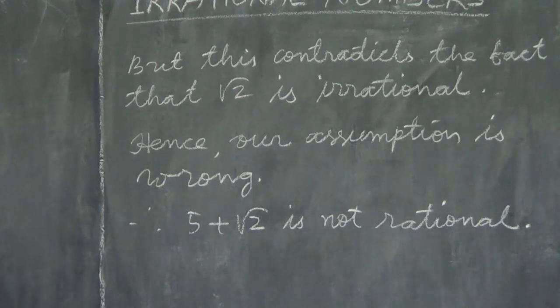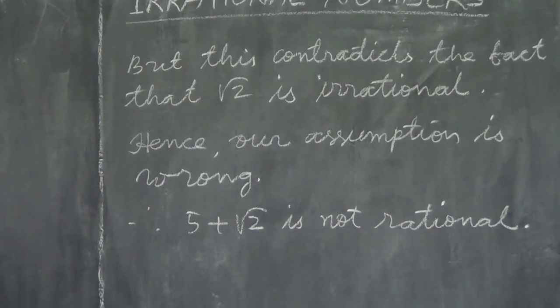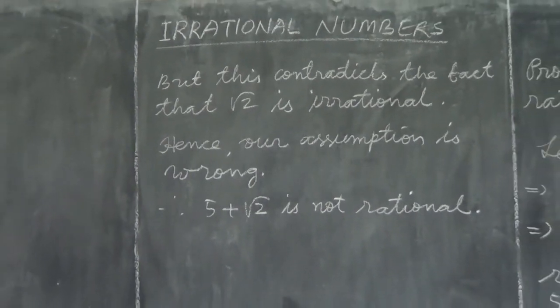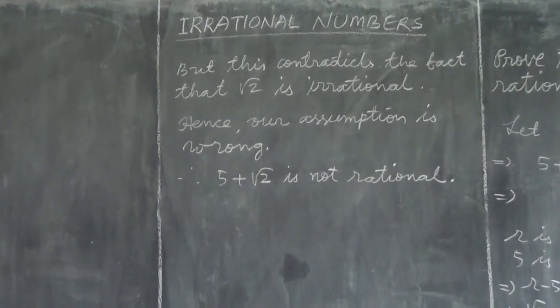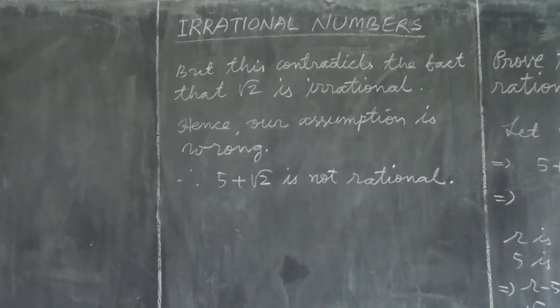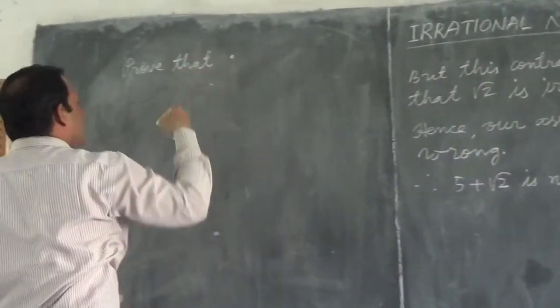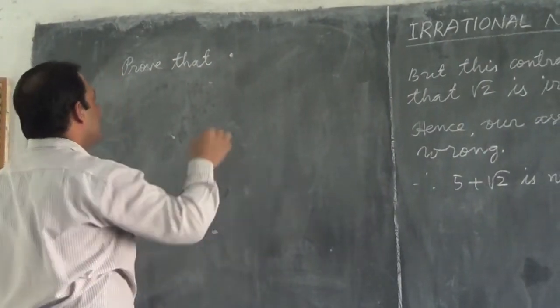So next we will take one more, a similar type. 3 minus 5 root 3. Prove that 3 minus 5 root 3 is irrational. You can take any other number also, no problem.